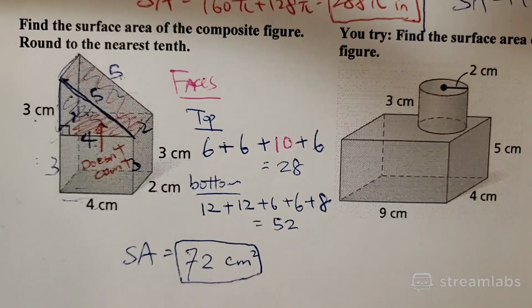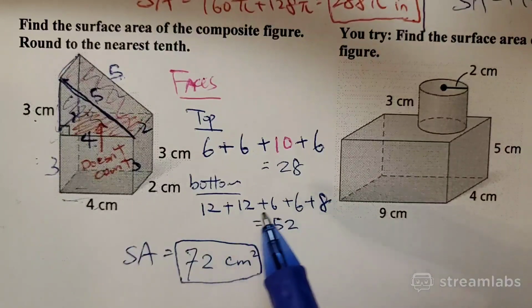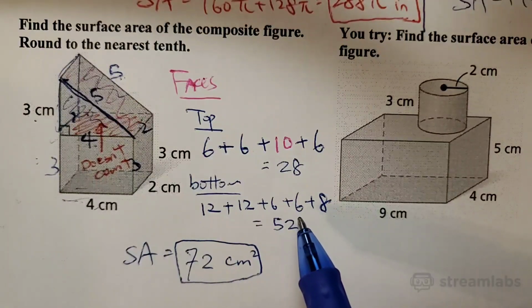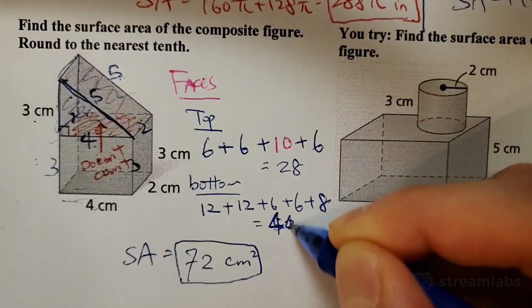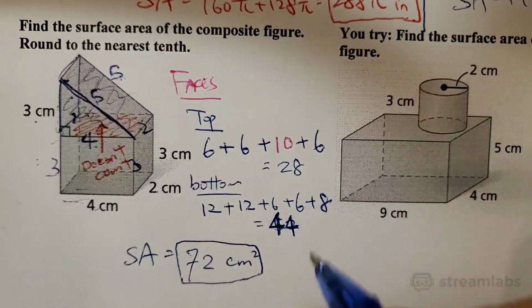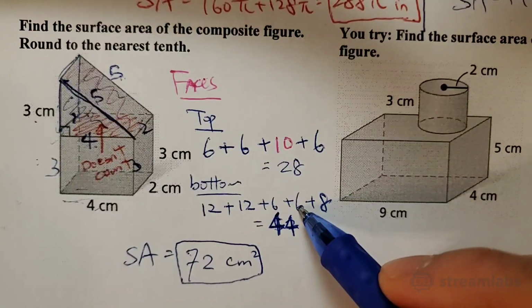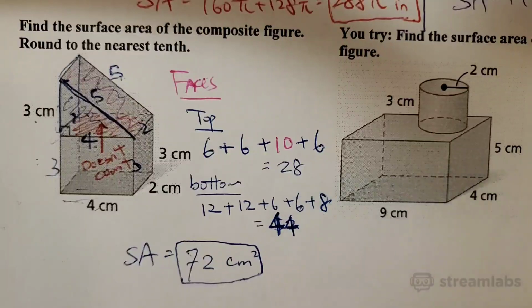Is my bottom correct? Probably not. 44 maybe? I think it's 44 instead. Right? 14, 20, yeah, 44. I think 44 is right.